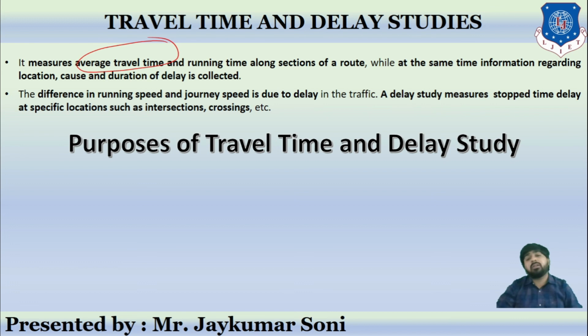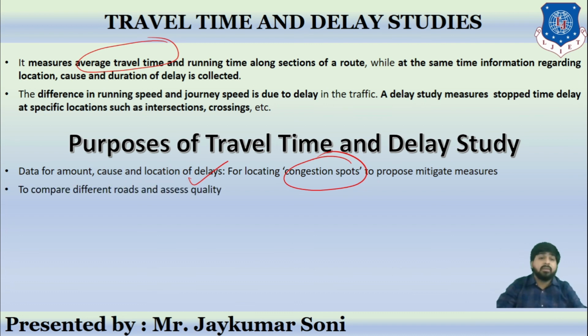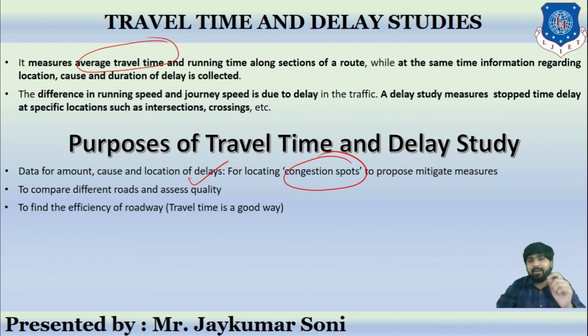So what is the purpose of this travel time and delay study? To collect the data for amount, cause and location of delay, and to know the congestion spots, that okay, these are the places where main congestion occurs. Then to compare the various roads and assess quality, to find the efficiency of the roadway, and to find out the benefit cost ratio.